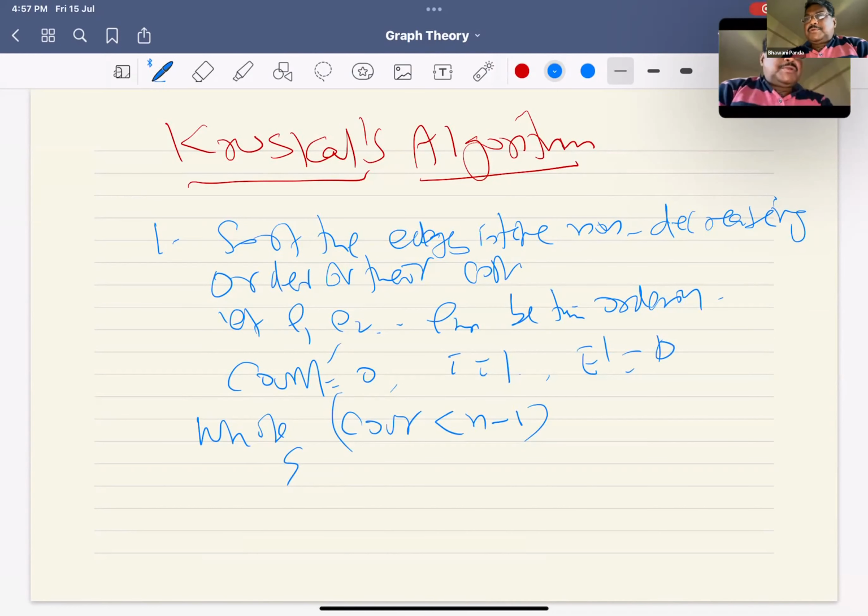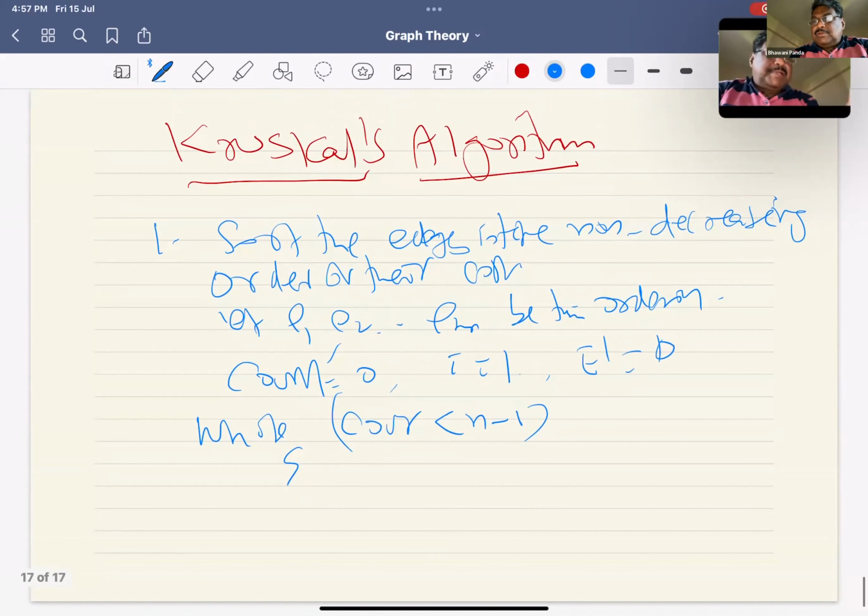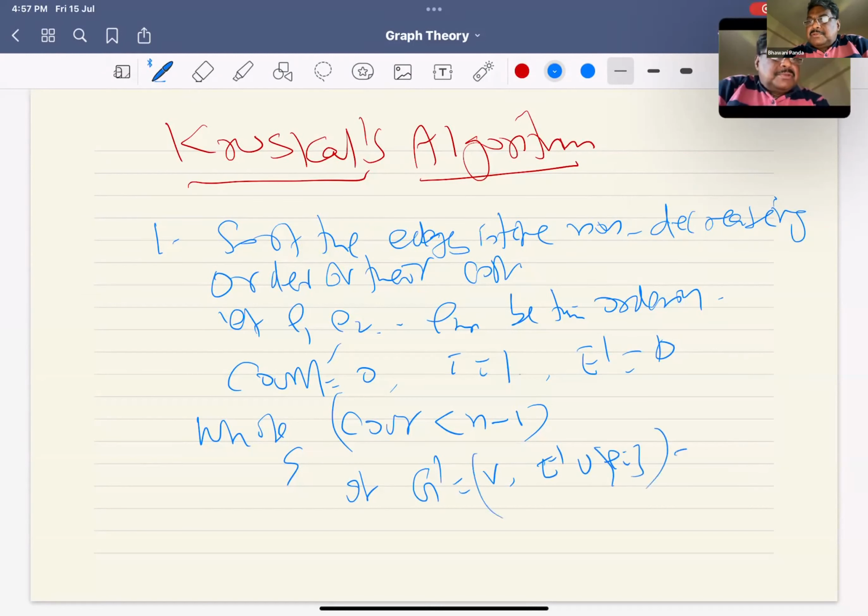So what you do is keep on repeating that. I is equal to 1. If G dash is equal to V, comma, E dash union EI is acyclic, then E dash is equal to E dash union EI.